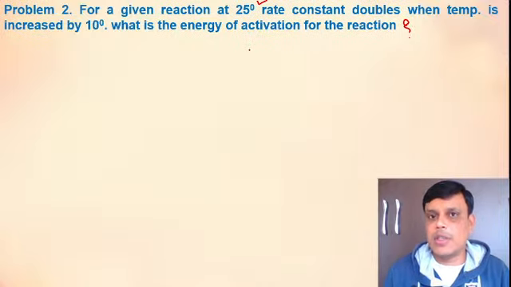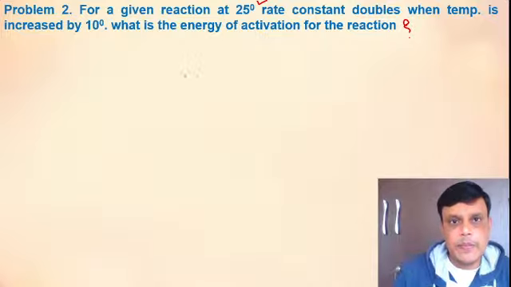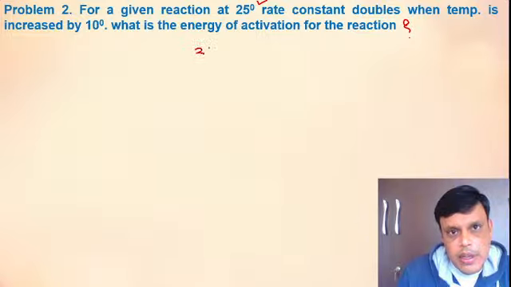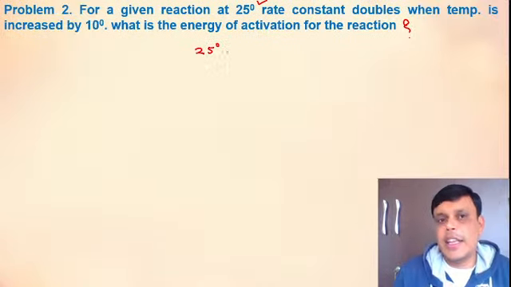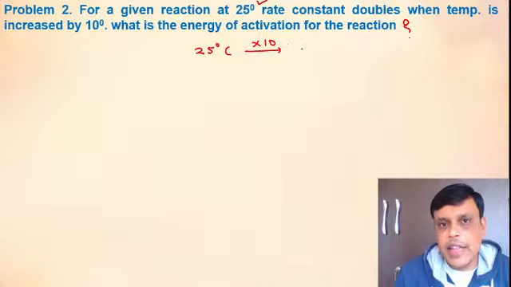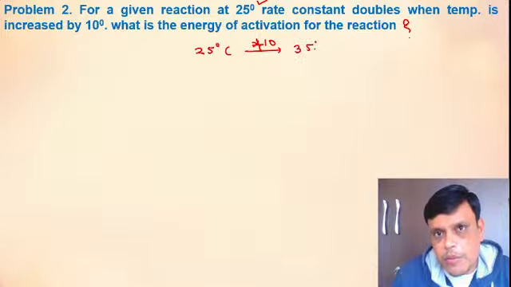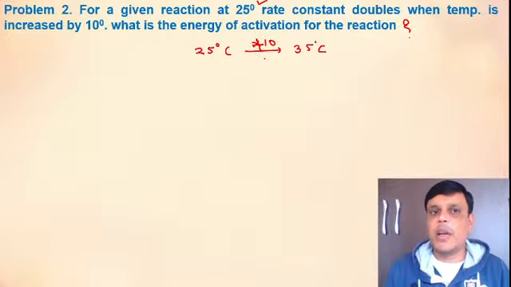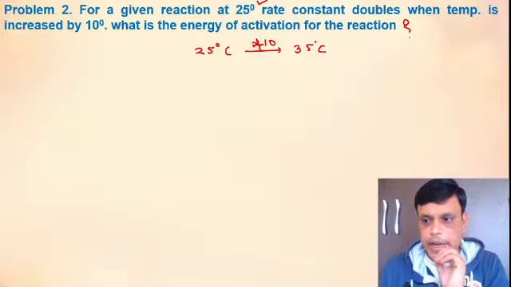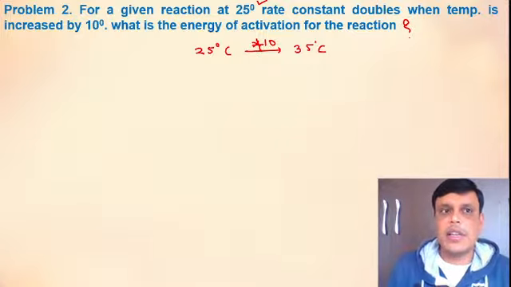If you increase the temperature by 10 degrees, that means if you perform this reaction at 35 degrees, then what happens to the rate constant? Rate constant increases, or rate constant gets double.